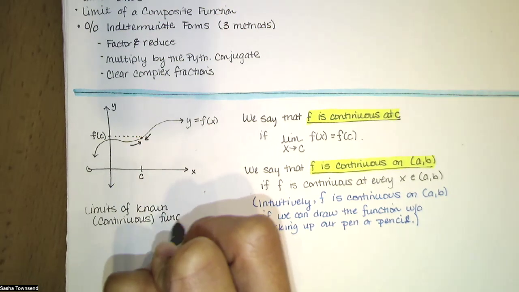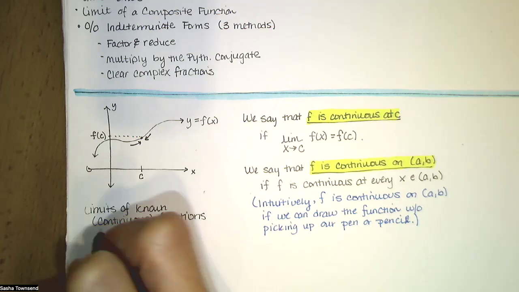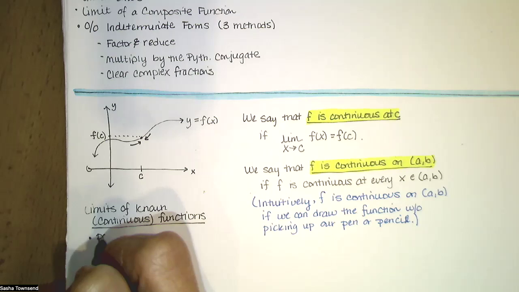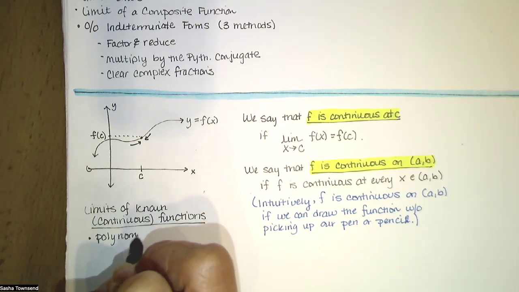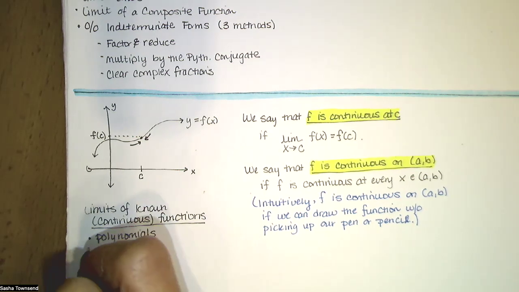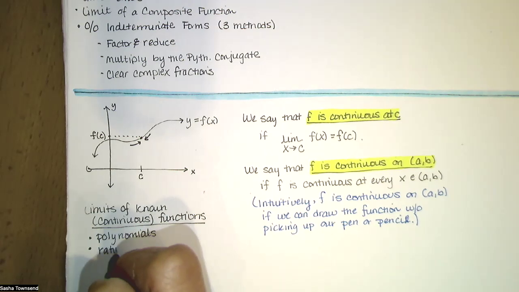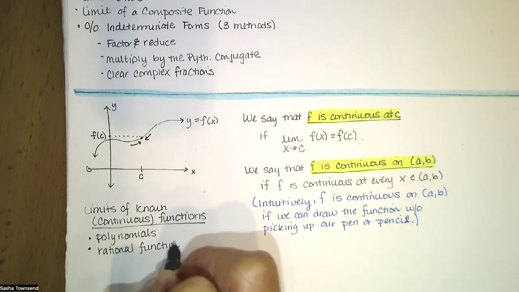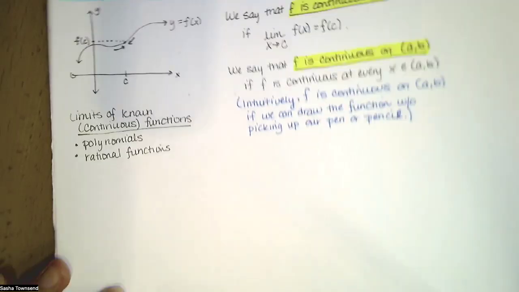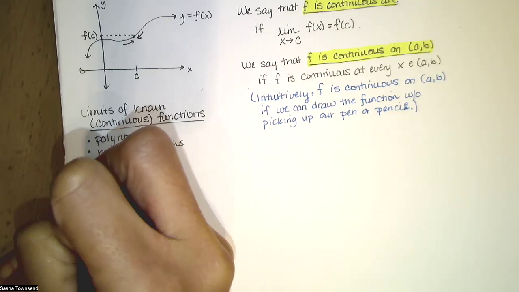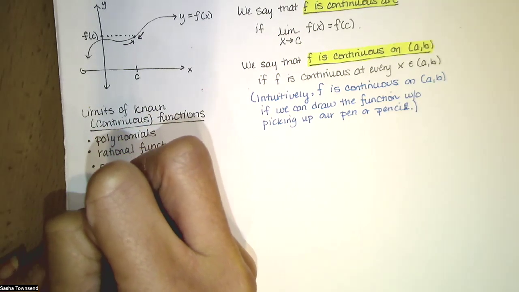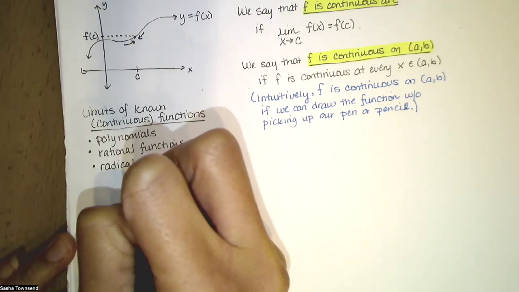Most of the functions that we've studied in pre-calculus are continuous functions. So polynomials are continuous. Rational functions are continuous on their domains. Radical functions or root functions are continuous on their domains.